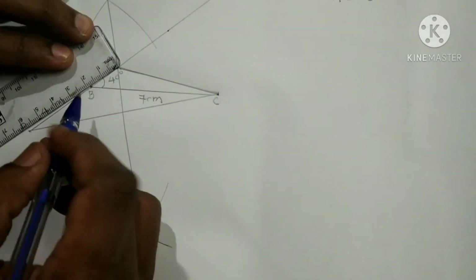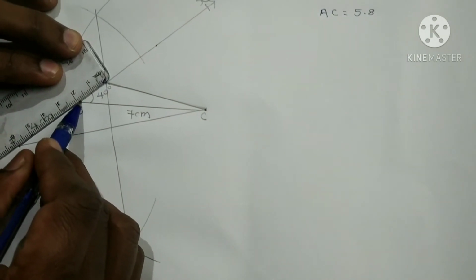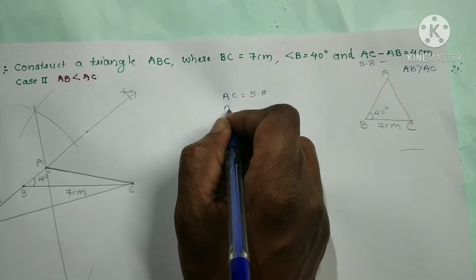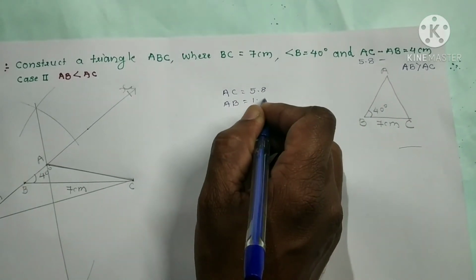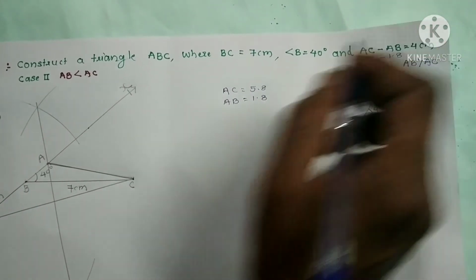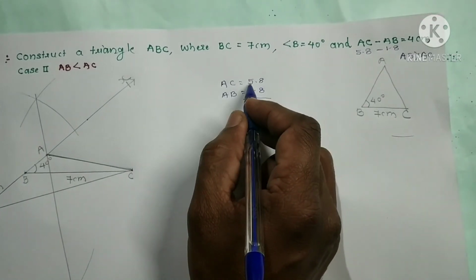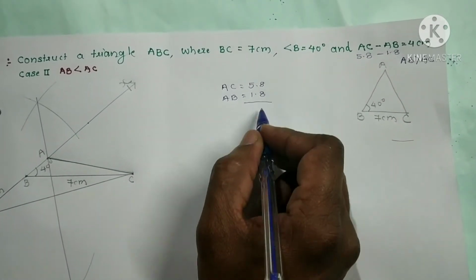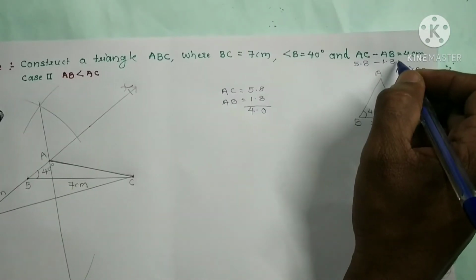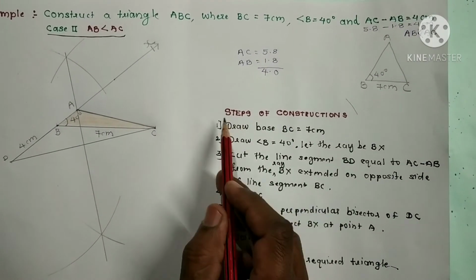This is 1.8. AB is equal to 1.8. If we subtract AC minus AB, so 5.8 minus 1.8, so 8 minus 8 is 0, 5 minus 1 is equal to 4. So these are the steps for the second case.